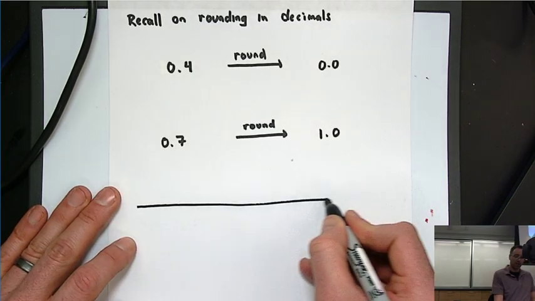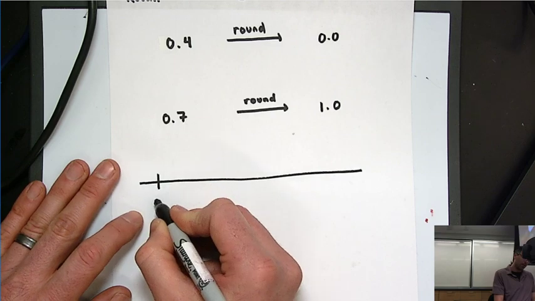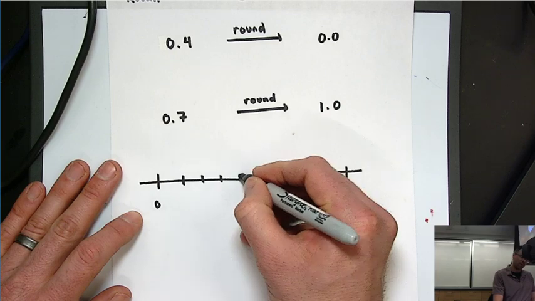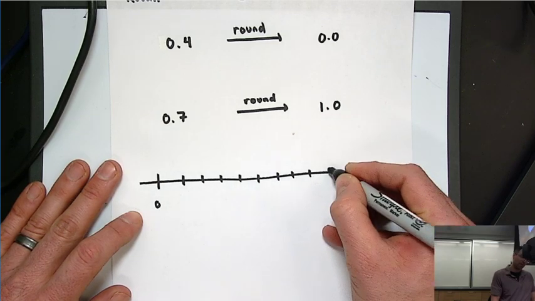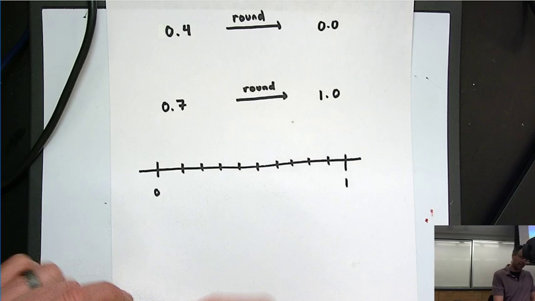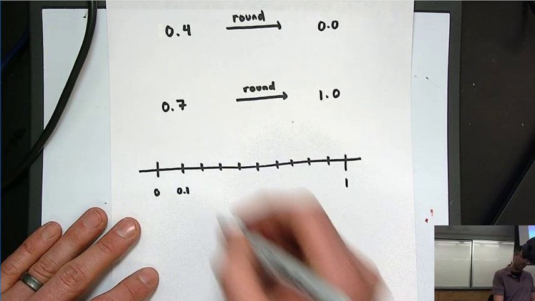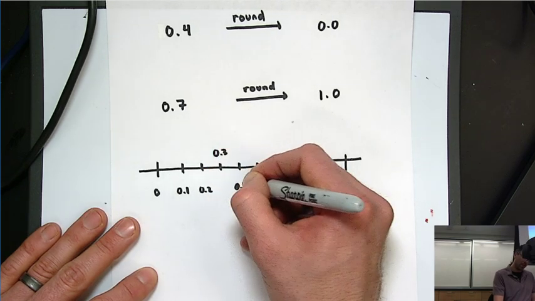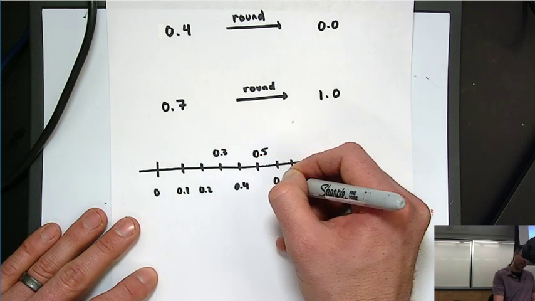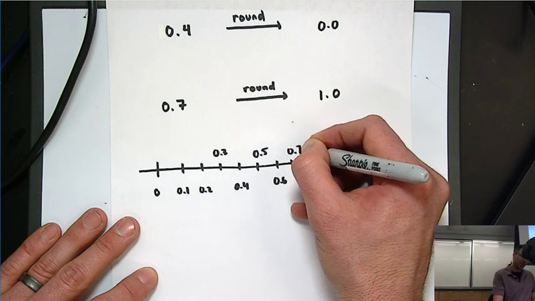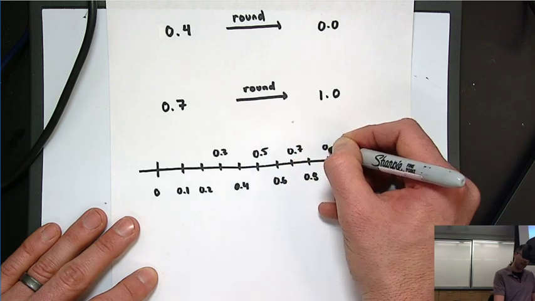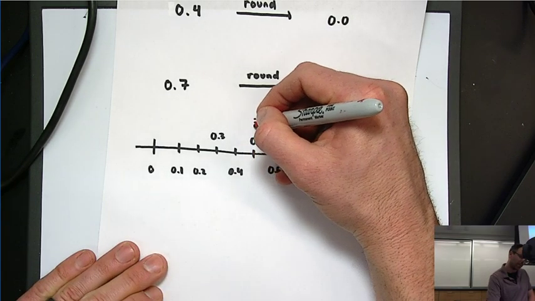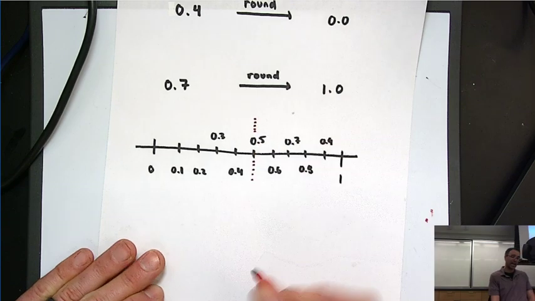What's the rule there? Yeah, so 0.1, 0.2, 0.3, 0.4, 0.5, 0.6, 0.7, 0.8, 0.9. For sure, so let's count them.